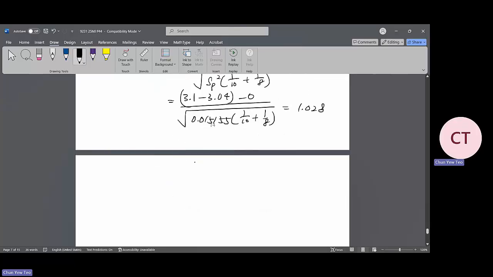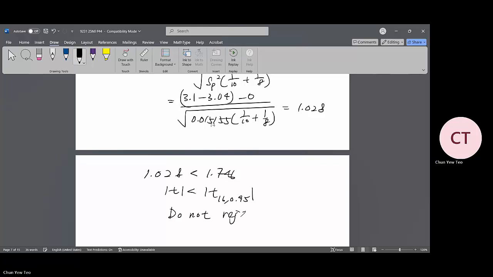Now we compare the test statistic to the critical value. The critical value is 1.746, and the modulus of T is less than the critical value, t 16, 0.95. So in this case, you shall not reject H0, and we can come to the conclusion.